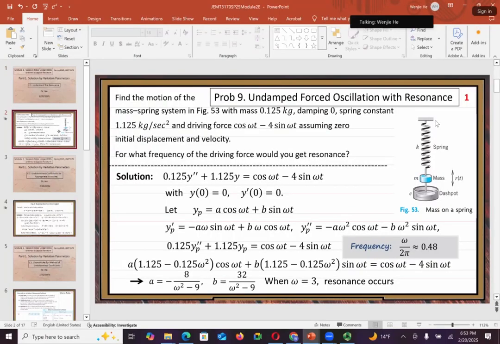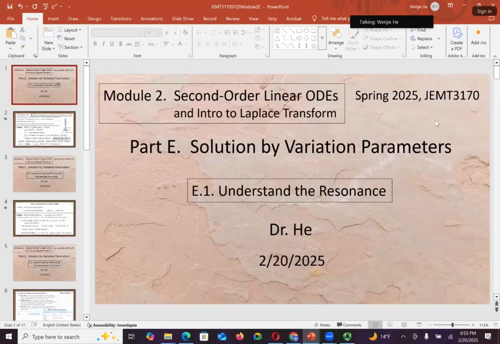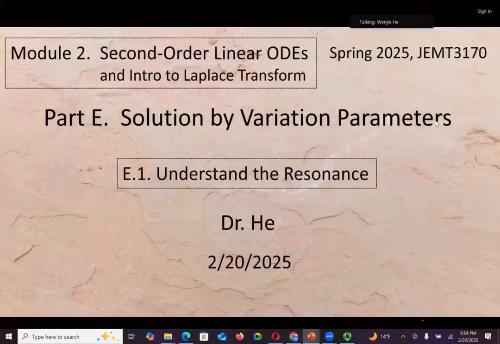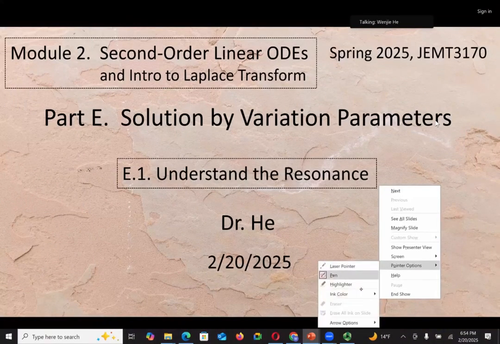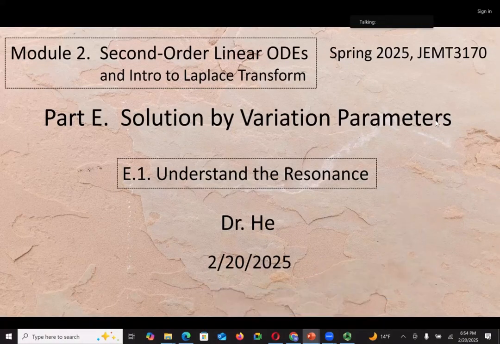We start with that same old problem. I have 5 minutes, so probably we can finish that problem in 5 minutes, because we are familiar with the equation already.